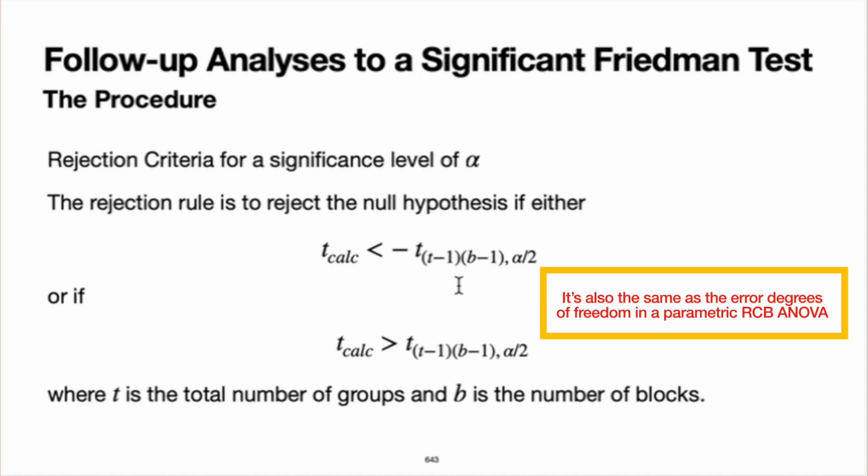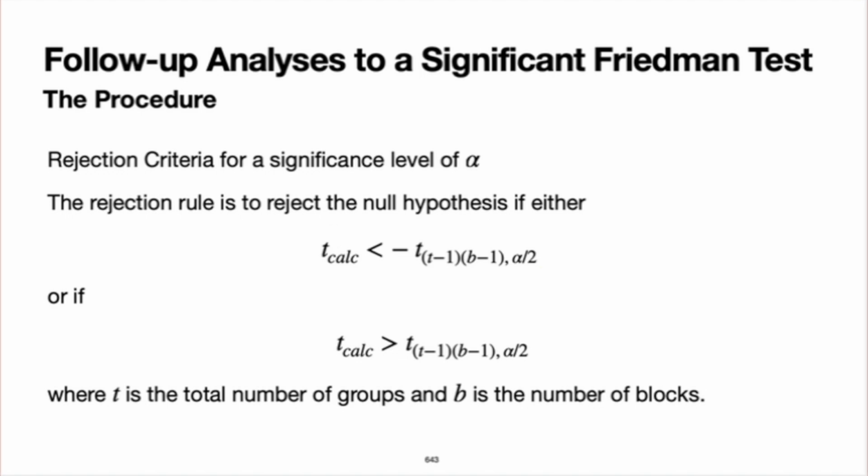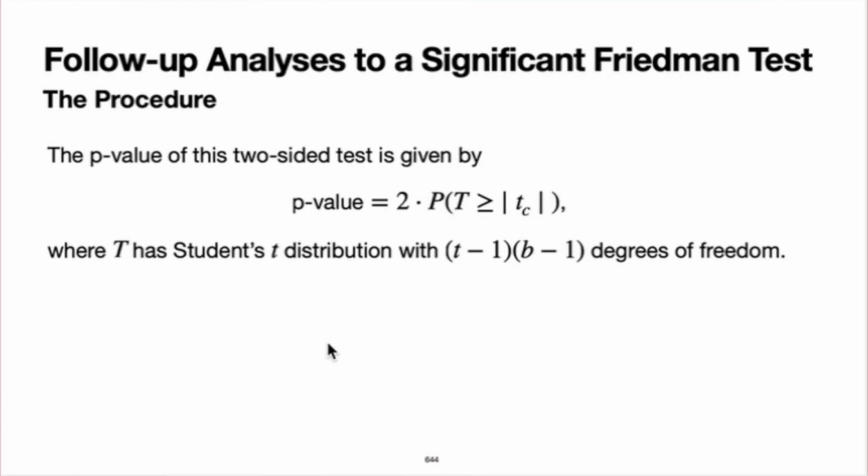So that is the number of degrees of freedom for this pairwise comparison that utilizes the t-distribution as the reference distribution. And then the p-value for the test can be calculated as well, or at least approximated if we only have the table. Because this is a two-sided test, the p-value is 2 times the probability that a t random variable with (T minus 1) times (B minus 1) degrees of freedom is at least as big as the absolute value of our test statistic.